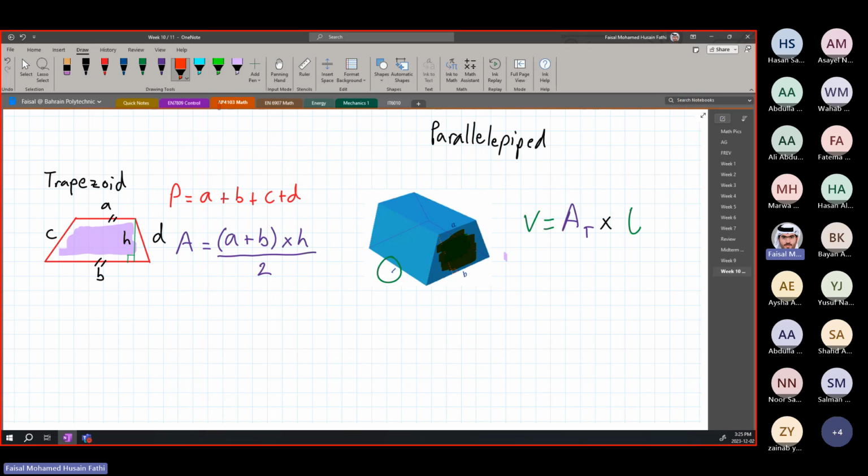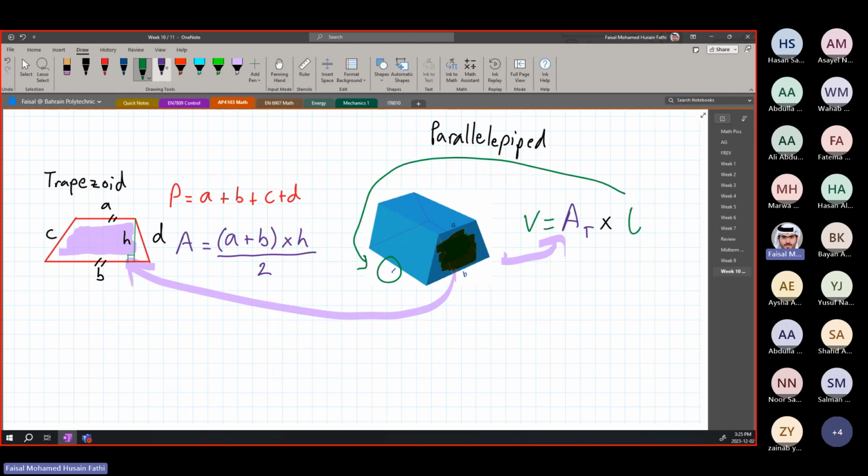Okay. This shaded part here is the same as the area of a 2D trapezoid. This is the area over here. And then the length L, basically, this is just this length L. The extension, the new dimension, the 3D dimension or the third dimension of the 3D shape.